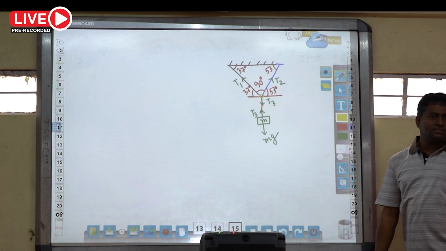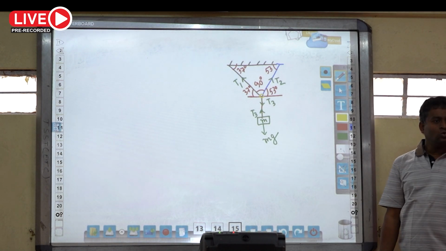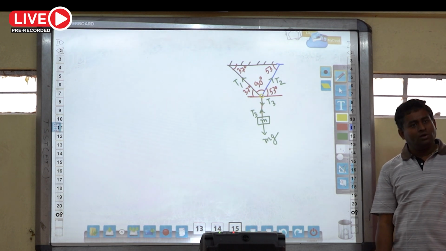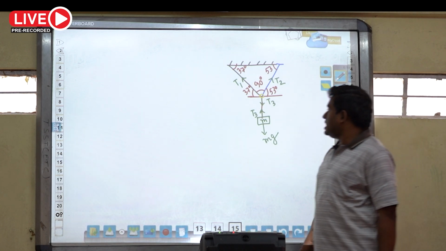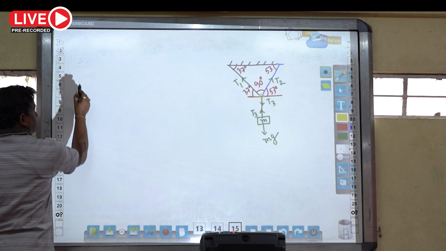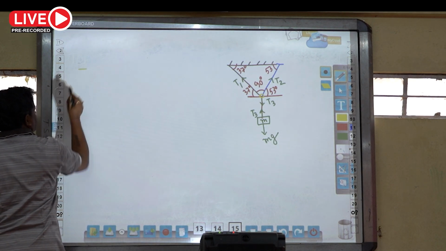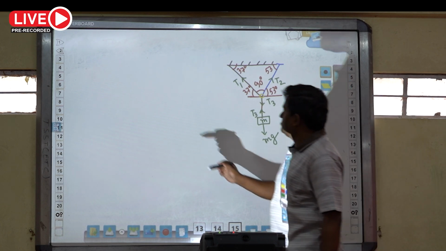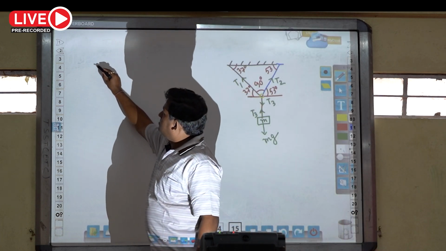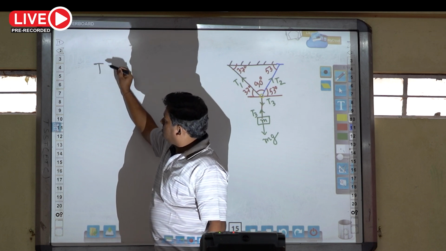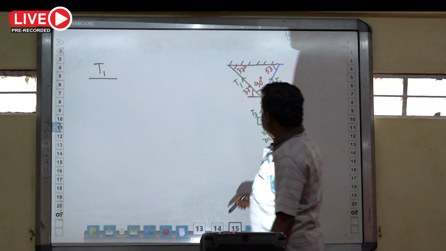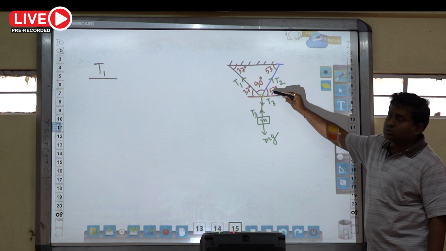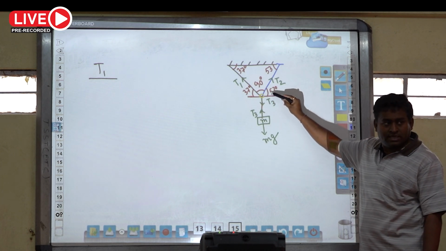Okay. Now from this point, there are three forces, T1, T2 and T3. And under all these forces, the system is in equilibrium. So we can write T1 divided by the angle opposite to T1, this one. This one is 90 plus 53.